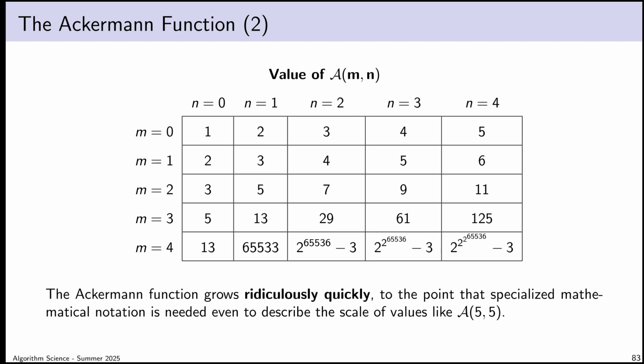And keep in mind, A44 certainly doesn't have anything to be worried about in that domain either. A44 is an absolutely outrageously large number. A55 is so big that none of the notation that we know would be sufficient to describe it. Not just that it's a big number, but literally we don't have notation. And even if I define specialized notation to refer to large numbers, that notation would break down at, I don't know, like A77. So there is notation out there. You can look this up.